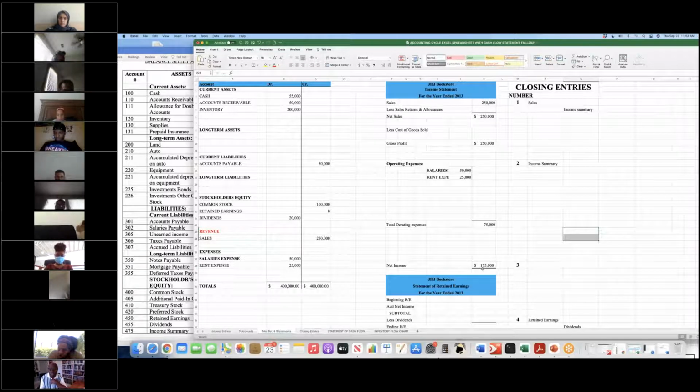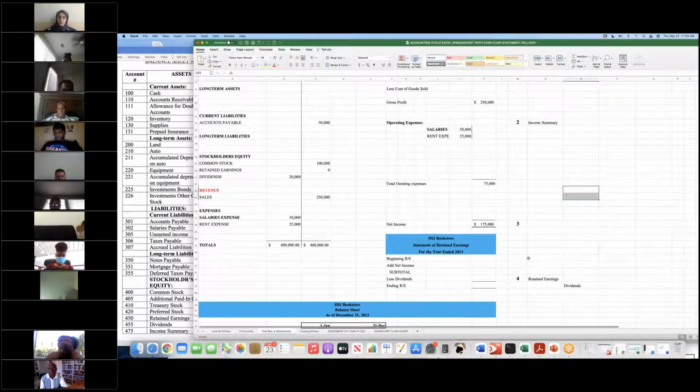So this is an income statement. As you can see, you've done all the hard work when you get to the trial balance. So when you get ready to do the income statement, if you got it in the order that I told you, you simply take the revenue, put it up here at the top of the income statement, put the expenses below, subtract the expenses from the revenue, and you now have an income statement.